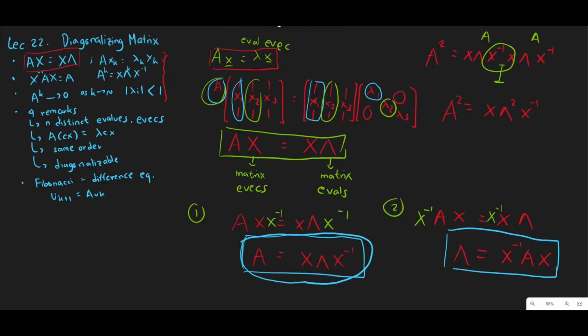What I write here is the formula A to the power of k equals X big lambda to the k times X inverse. There you have it.